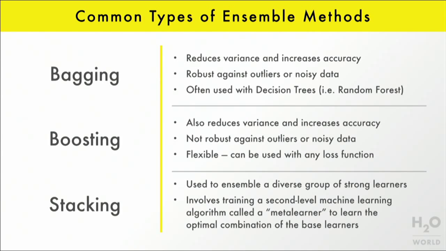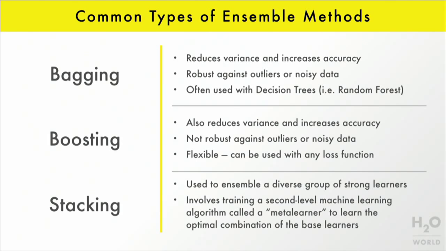All right, and the last subset of ensemble methods that I'm going to talk about is stacking, and that's what basically the rest of this presentation will be about. Stacking is a name for ensembling a diverse group of strong learners. The first two generally focus on ensembling things like decision trees, which are considered to be weak learners with high variance.